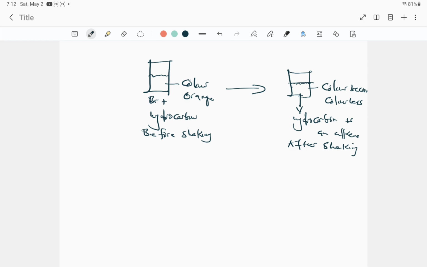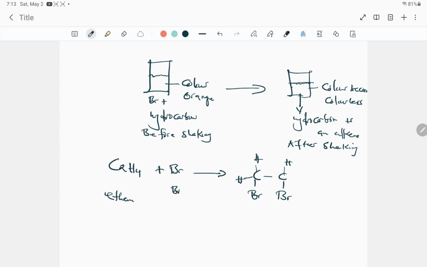By doing that, we can conclude that if I have C2H4, which is ethene, plus bromine, then if it is an alkene, it will give me a product with bromine on each carbon and hydrogens around. The name is 1,2-dibromoethane.